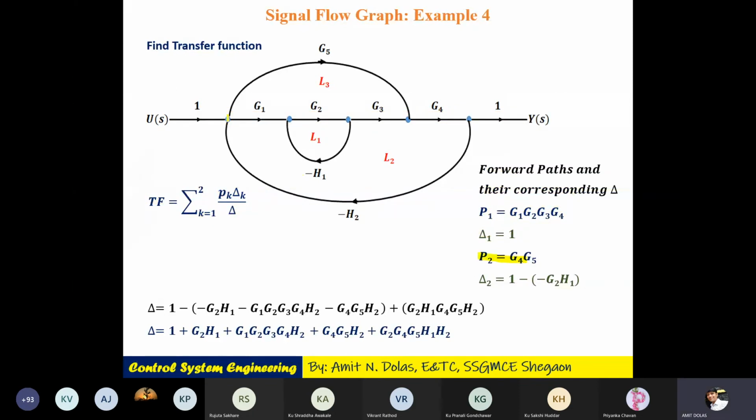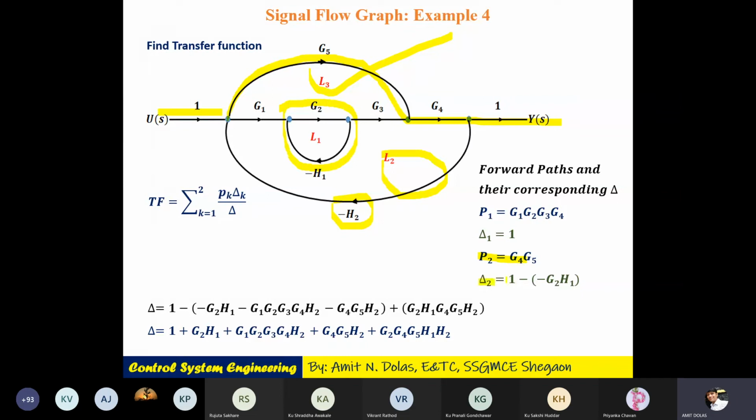But another, P2, is what? P2 is G5, G4. Which loops are attached to P2? L3 is attached. L2 is also attached, since L2 is formed from this. But you can see this small part is not attached, which forms the G2 and H1 loop.